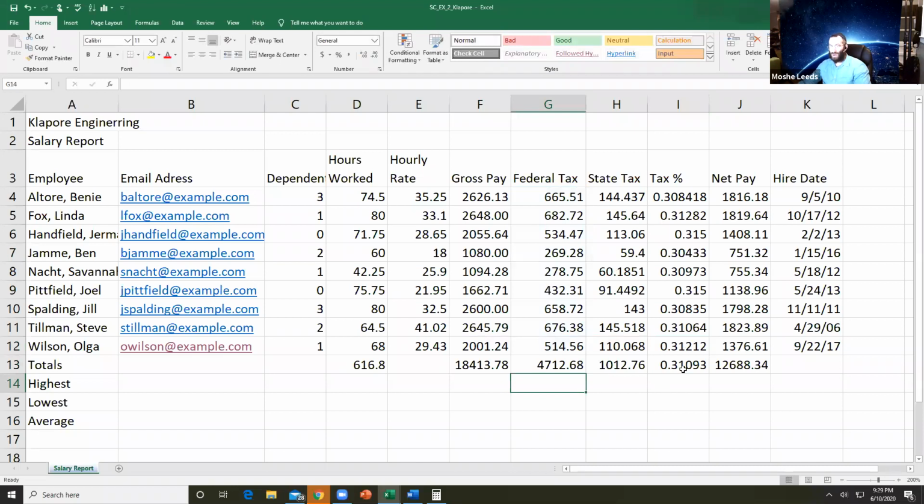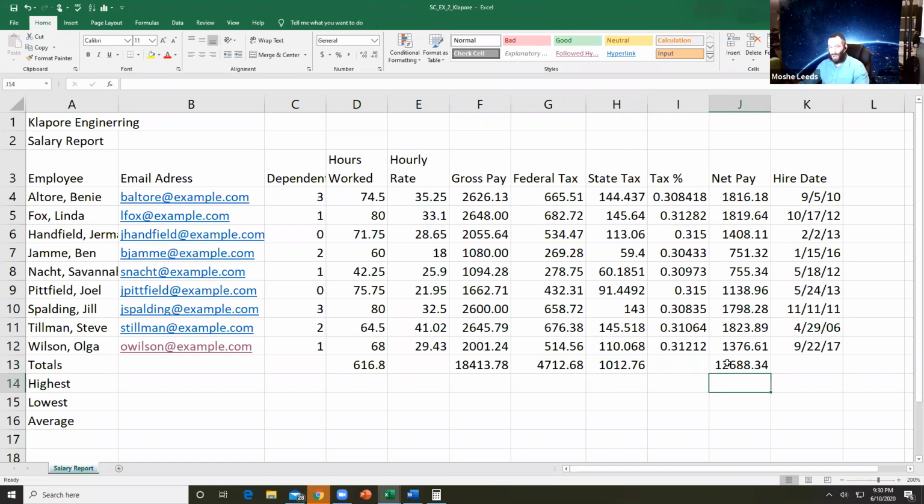It did my tax right away because now it realized the federal tax and the state tax are filled. Hey, I could autofill that because I have the variables that I need to make this calculation, okay? But the tax percentage, that doesn't help me. I'm just going to delete that.